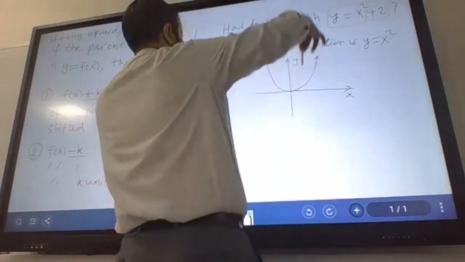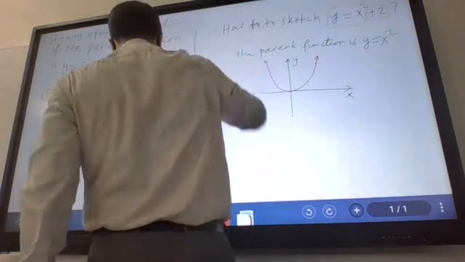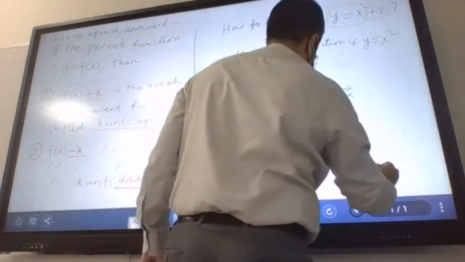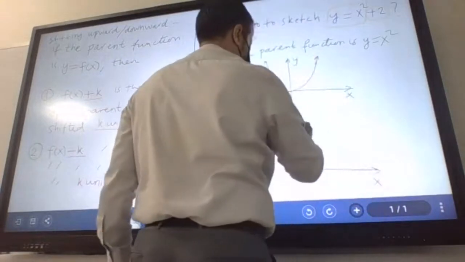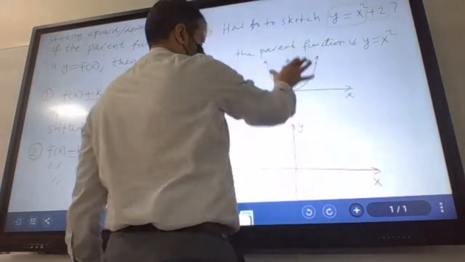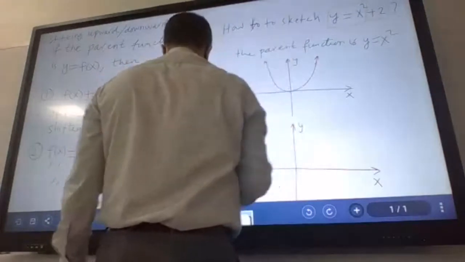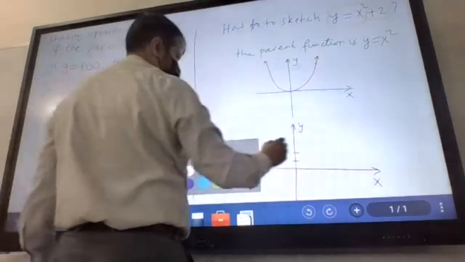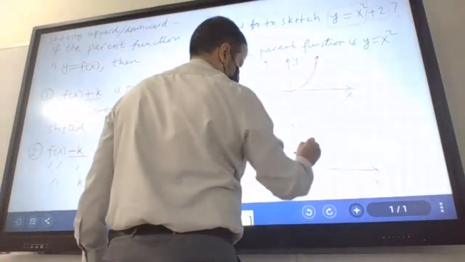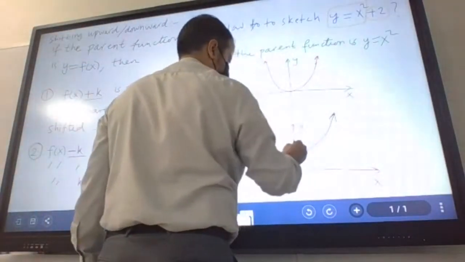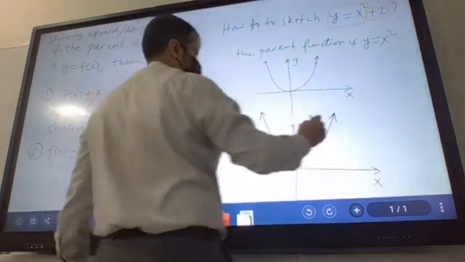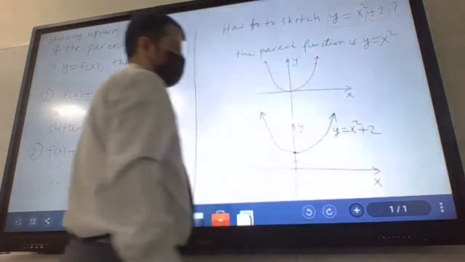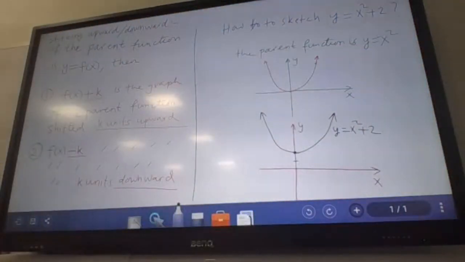So I have to push this graph 2 units up. So what's the new graph in this case? I would copy the same graph, but pushing this graph 2 units up. So 1, 2. This is y equals x squared plus 2. Okay, you can copy.